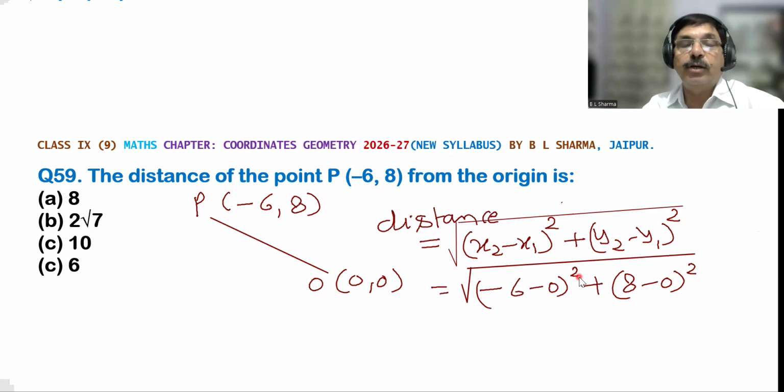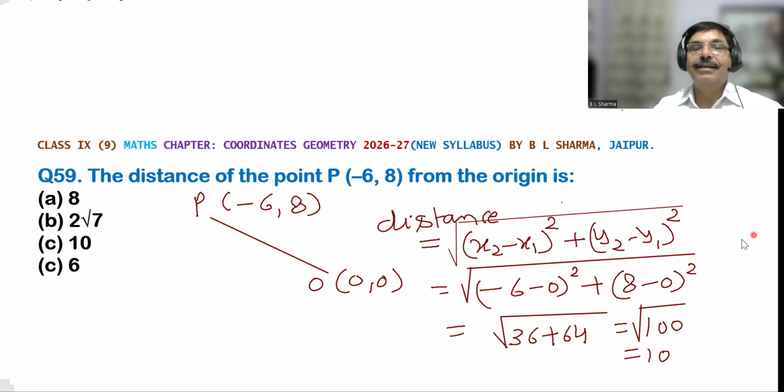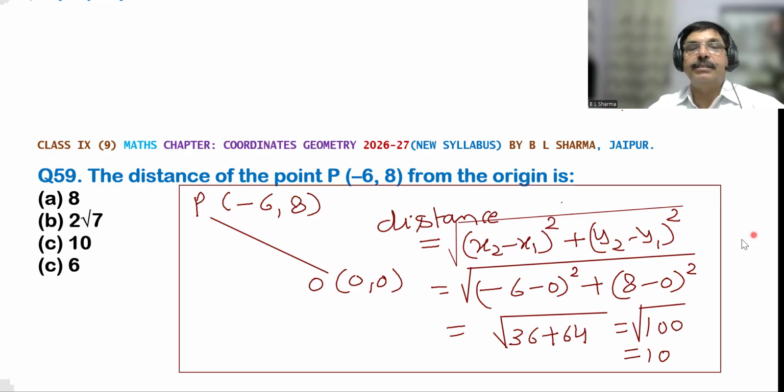Note that the square of a negative is positive, and 8 square is 64. So 36 plus 64, take its square root, that is 100, and the square root of 100 is 10. So the distance between the point P and the origin is 10 units.